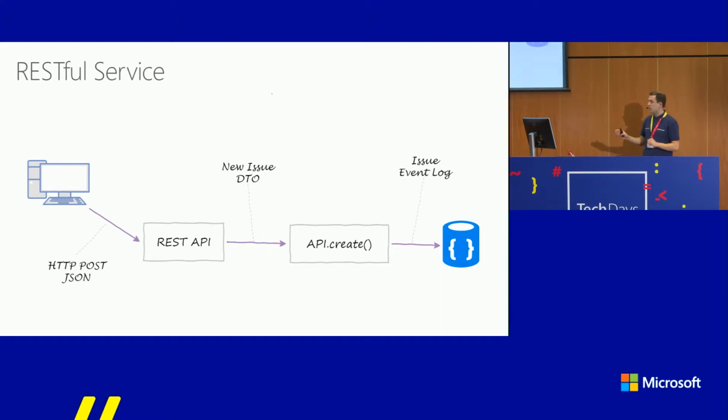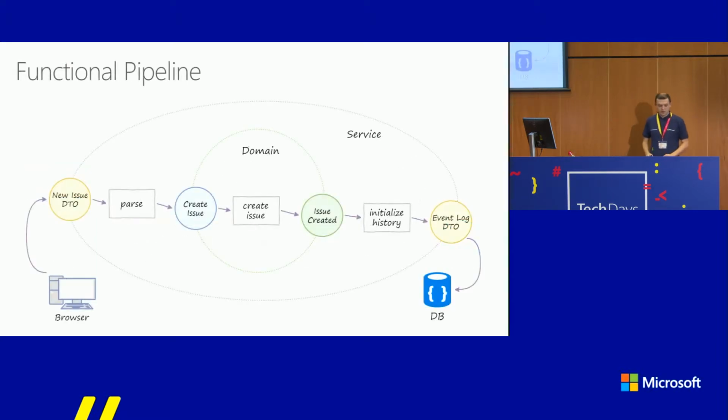So in our case of creation, the event log will have just one event, obviously the create event, but later on we'll add more. And this function should produce this event log with one event, and then I want to store it to a database, to a document database in this case. So that's the plan. A bit driven inside, these are the types and functions that I want to create.